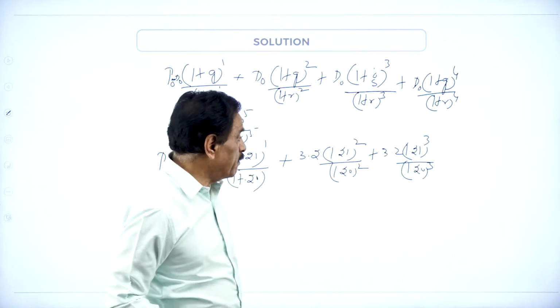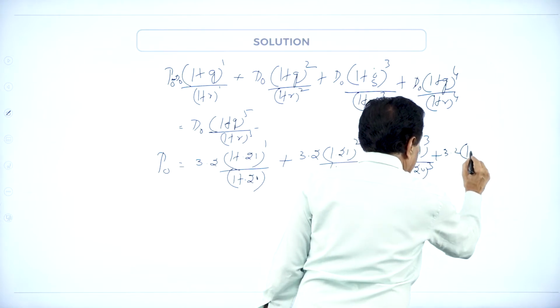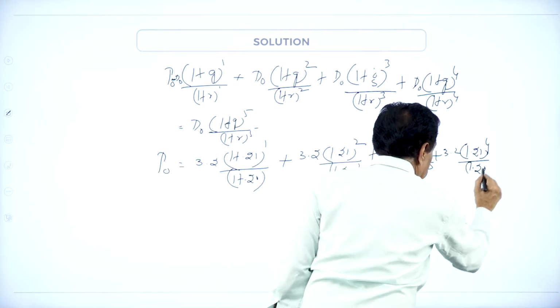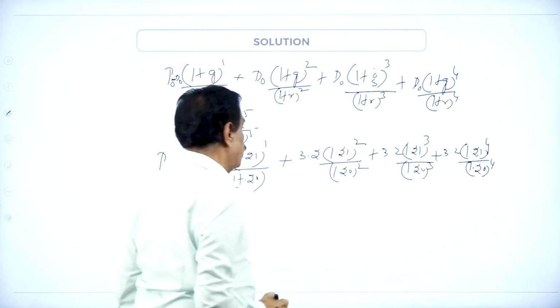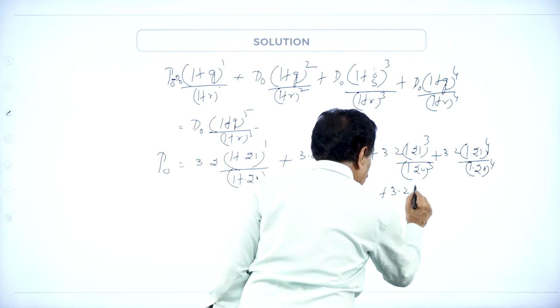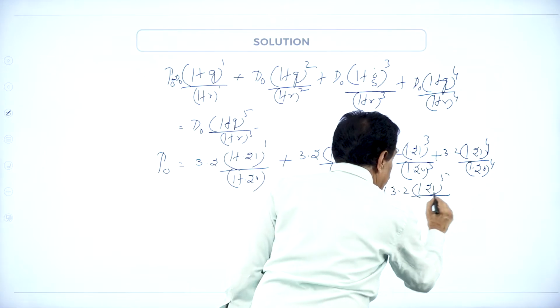This is for the 3rd year. Then 4th year, 3.2, 1.21 to the power of 4. 5th year, 3.2, 1.21 to the power of 5.